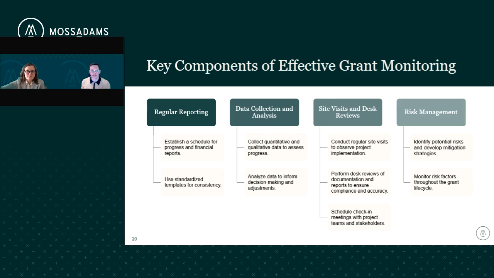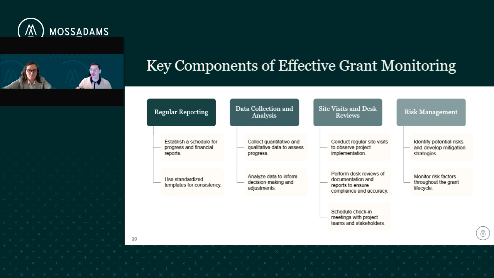So these are some of the key components of effective grant monitoring. So regular reporting, making sure that you've got a schedule for progress and financial reports. Different types of reports may be required of you in order to meet the obligations of your award. So like we've talked about before, there may be financial reporting that's required, but there may also be progress.